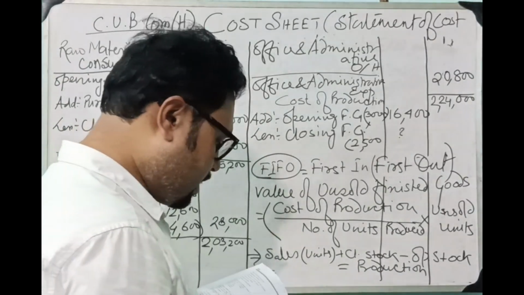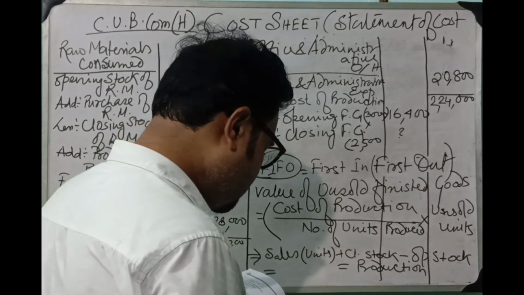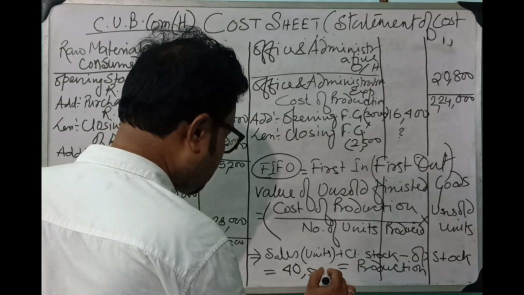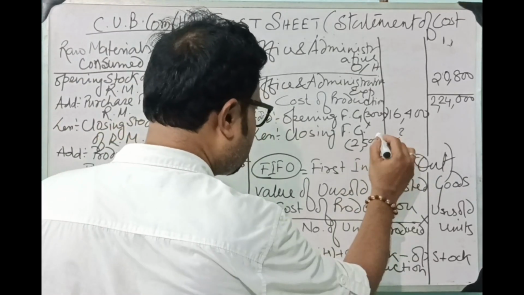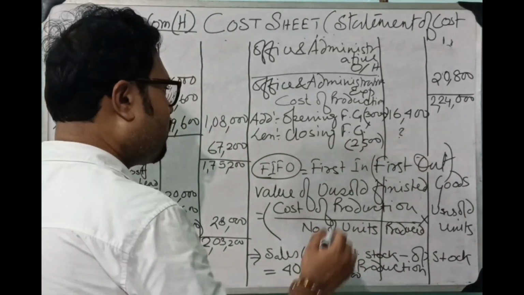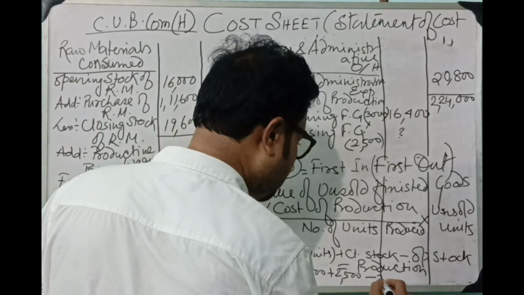The number of units sold is 40,500, plus the closing stock given, 2,500, minus the opening stock, 3,000.